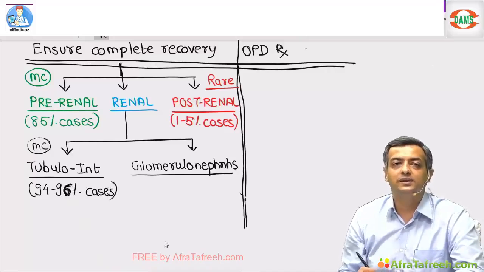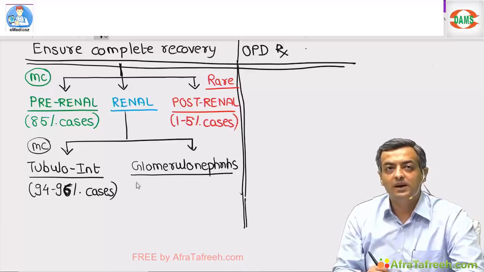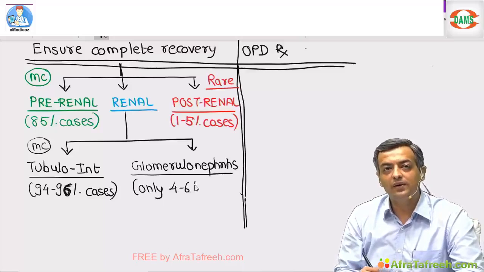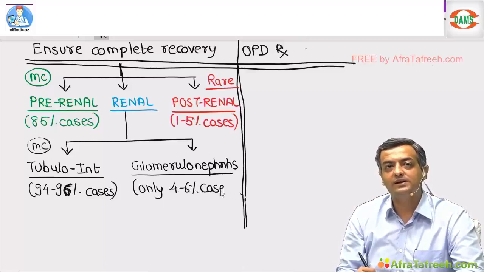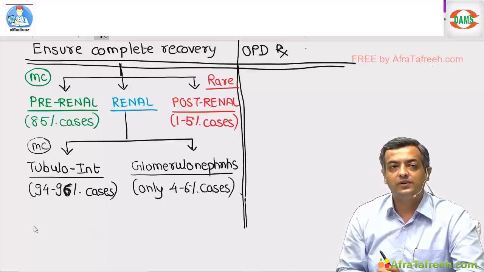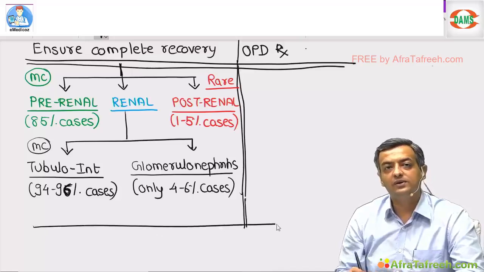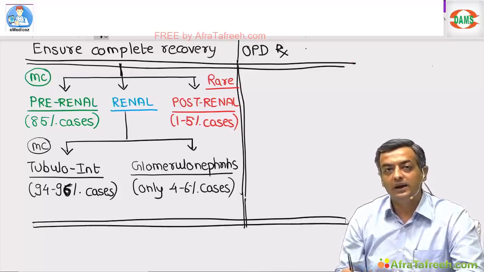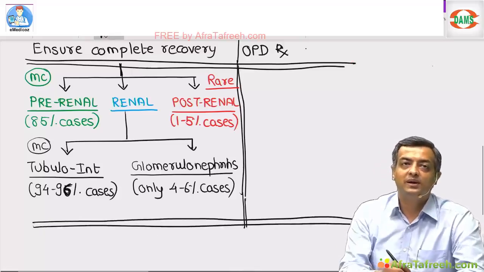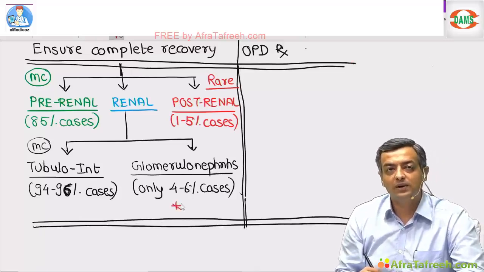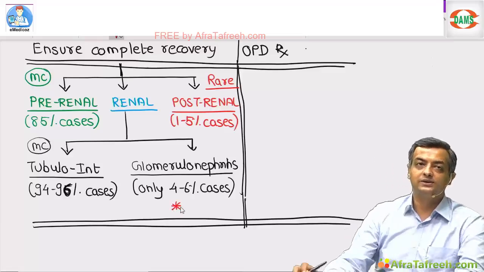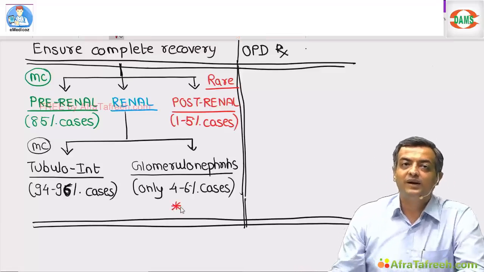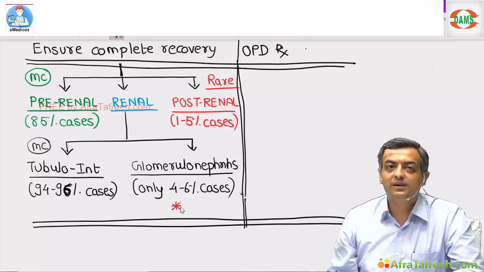Please remember, glomerulonephritis constitutes only 4 to 6% of the cases. However, it remains important because of the mortality that it causes. It can be fatal. That is why it becomes important.